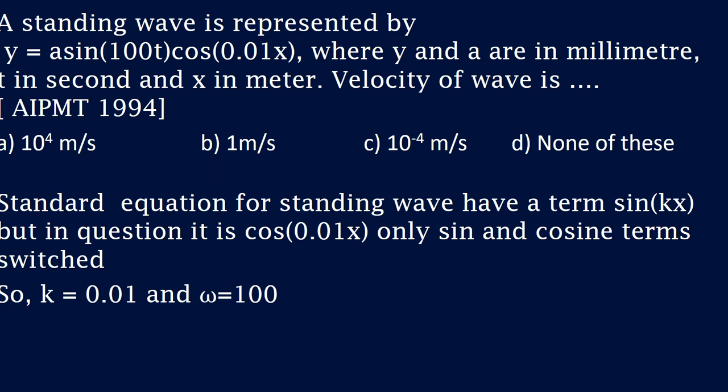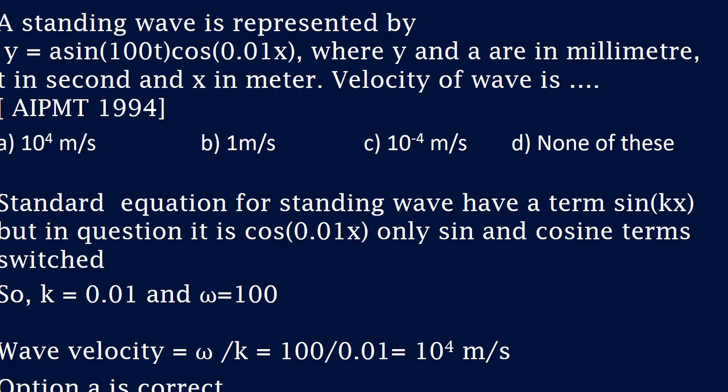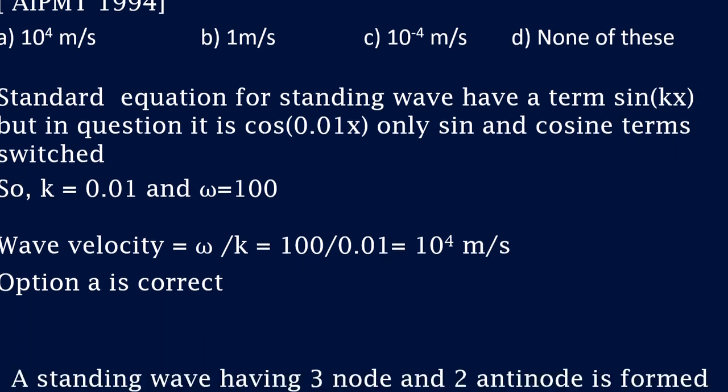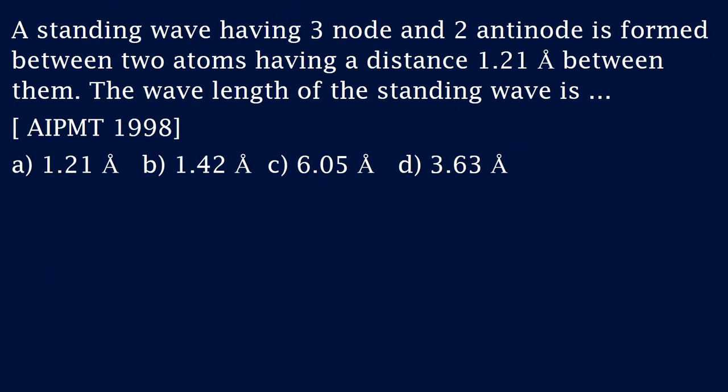So k = 0.01 and ω = 100. From the formula of wave velocity, v = ω/k. Substituting ω as 100 and k as 0.01 and simplifying, we get 10^4 meter per second. Option A is correct.